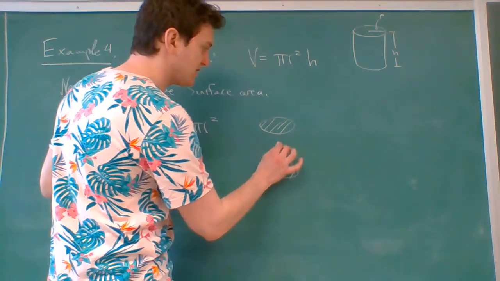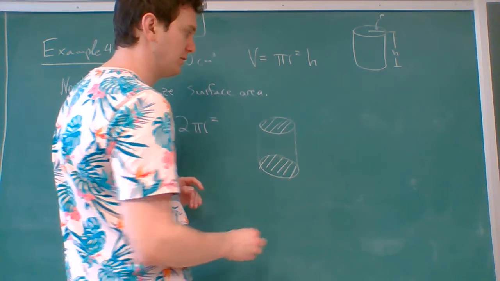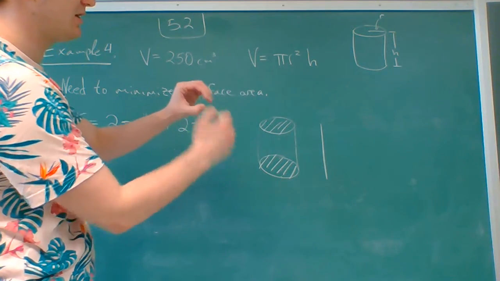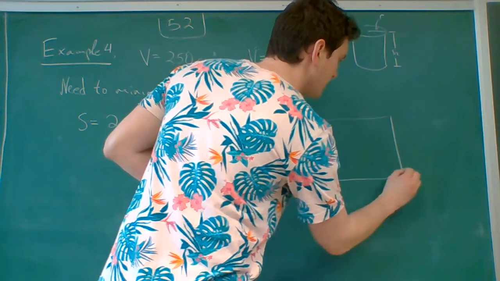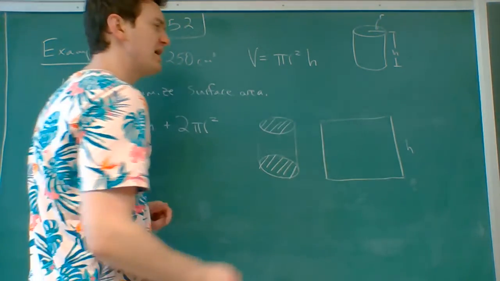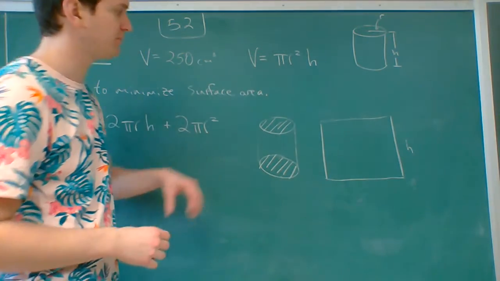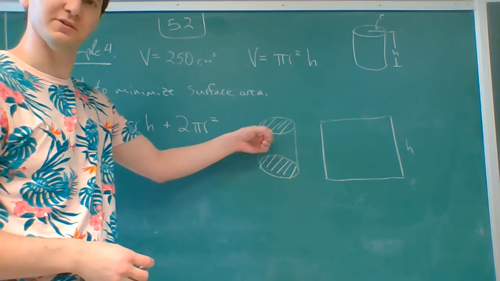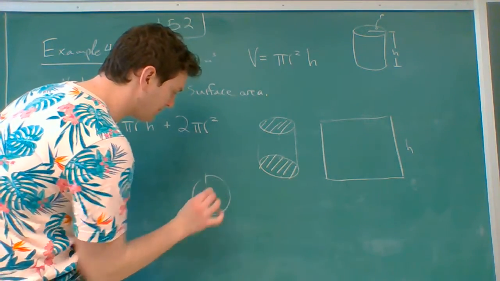If you take the sides of a cylinder and you cut it down the middle, so imagine taking a cylinder, cutting it down the middle, and then laying it out, it would be a rectangle with height h, and what would be the length of this top side? Wouldn't it be the circumference of the circle, right?